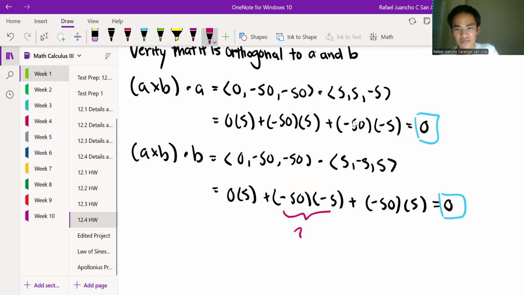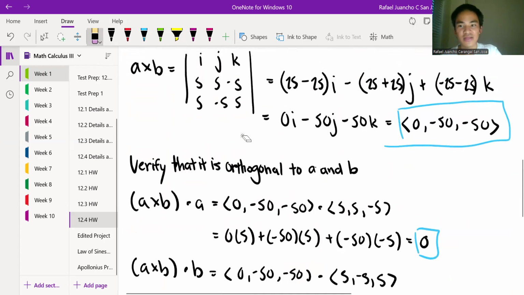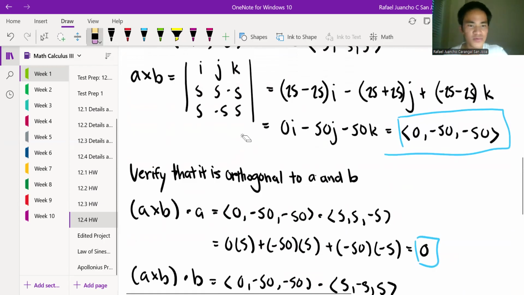This is positive 250. This is minus 250. This is 0. So 250 minus 250, that's 0. So indeed, they are perpendicular. Okay, I'm gonna hit submit and we can move on.